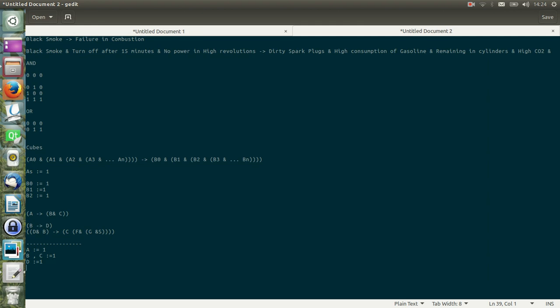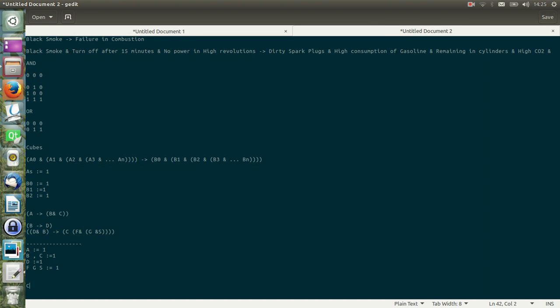Then because D and B are true, C, F, G, and S are true also. Let's mention also that if any antecedent has a false value, this rule cannot be solved now, because we need all the antecedents to be true to infer the consequence.